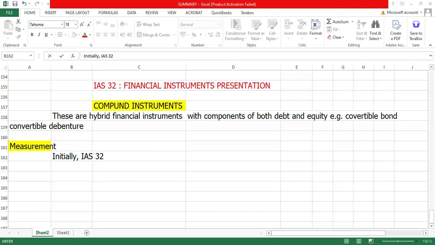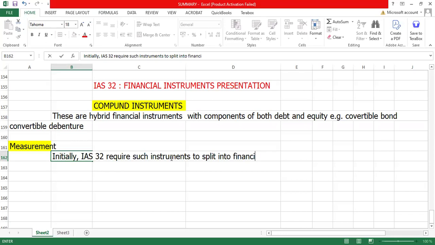So initially, IAS 32 requires such instruments to be split into two, that is financial liability and equity, because here you're talking about something that is going to be converted into equity after a certain period of time.